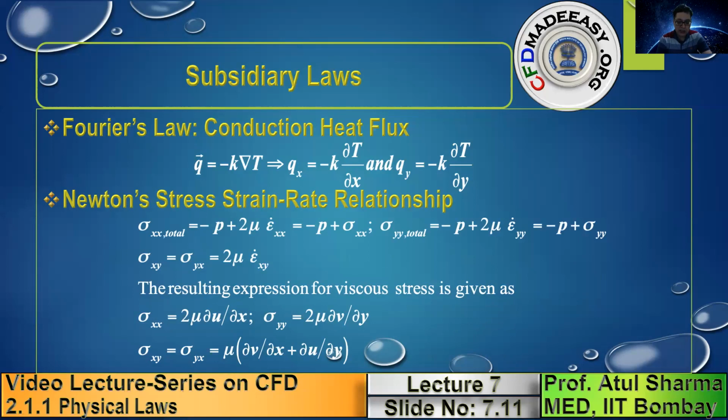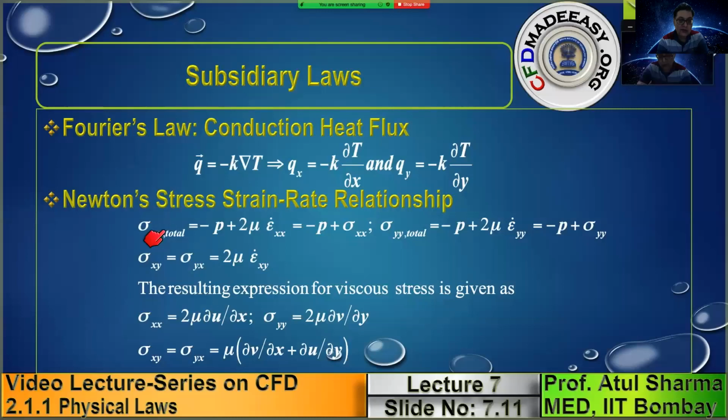What is presented here is the total stress expressed in terms of pressure and the shear strain, where sigma is stress and epsilon dot is the strain rate. In the total stress, the pressure appears in the normal stresses. In sigma xx and sigma yy, you have a pressure term.